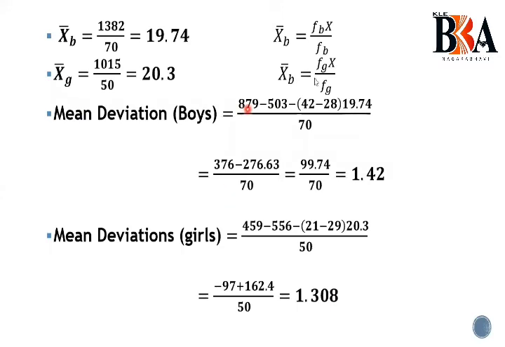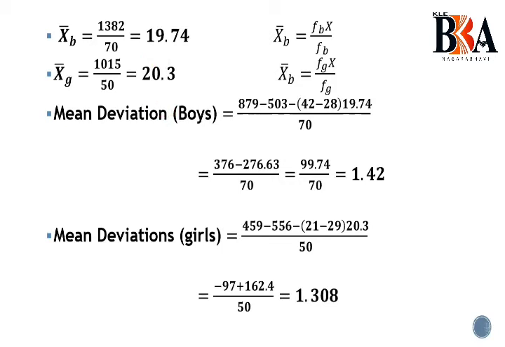Firstly, you have to get the values with the help of your mean. Now we are going to get these values. To find this, we need the help of the mean, that is 19.74 as well as 20.3. First we'll go for the boys, then we'll come to the girls.